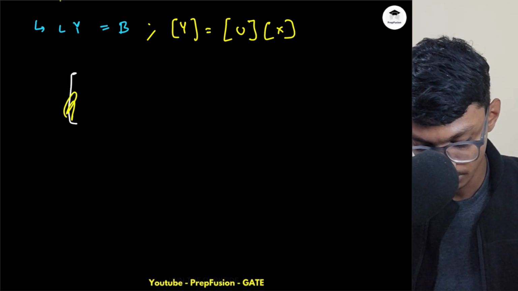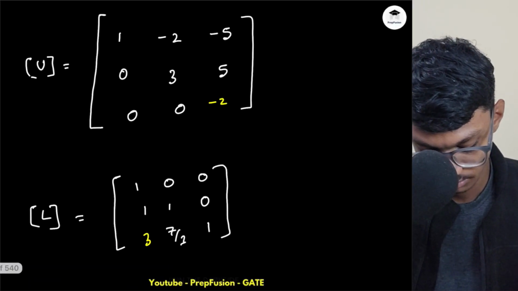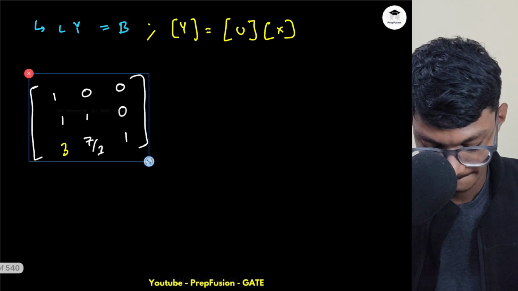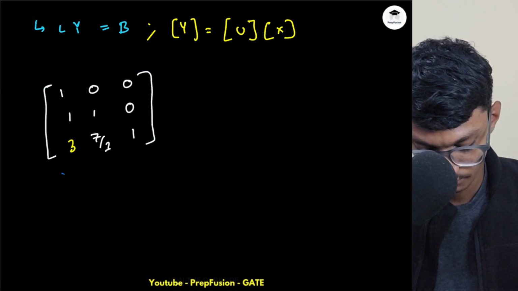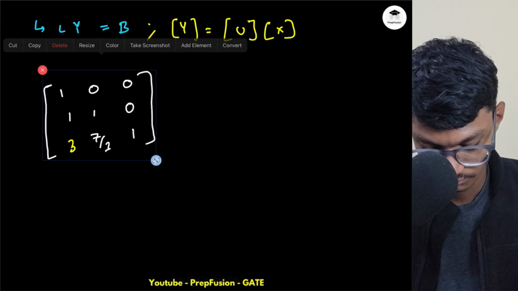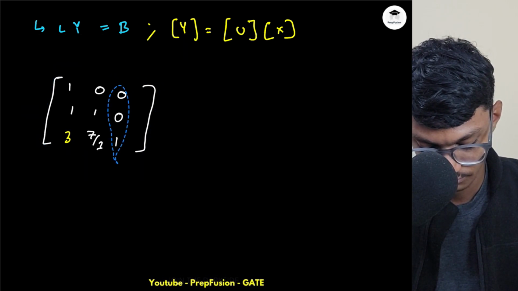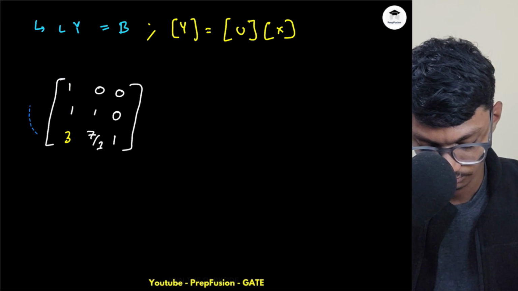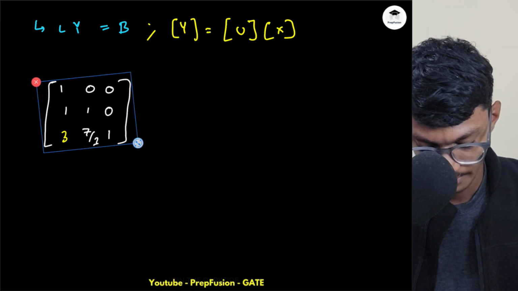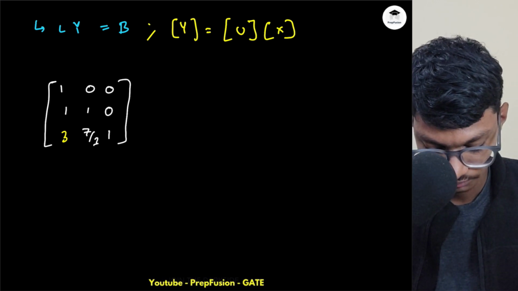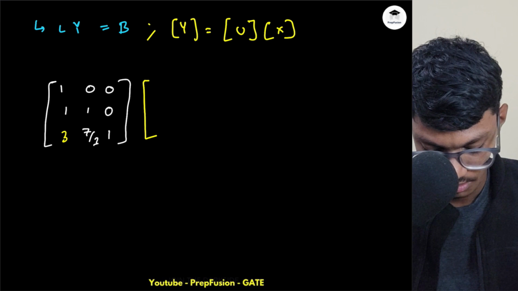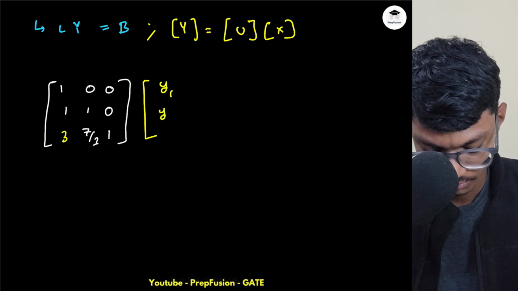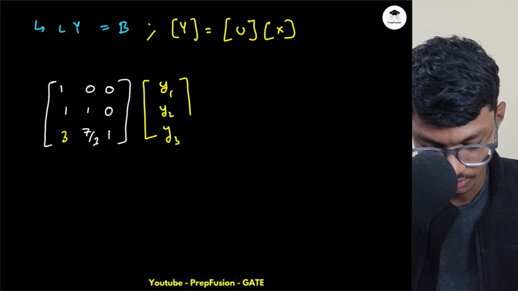I will just directly copy L. And this is y1, y2, y3.